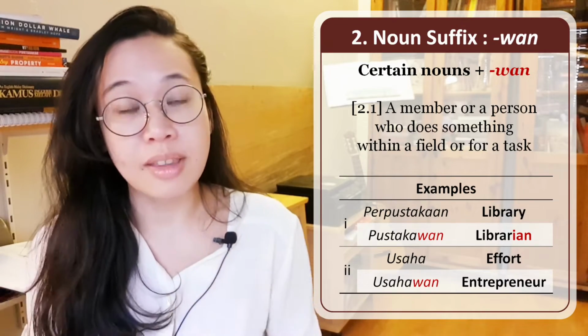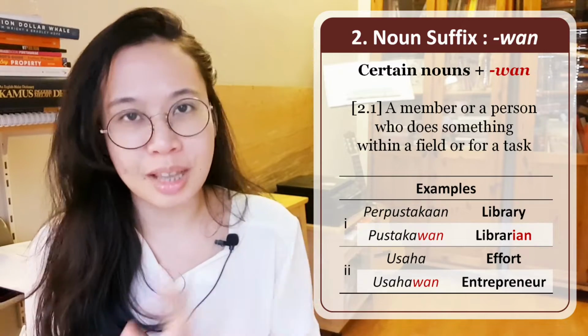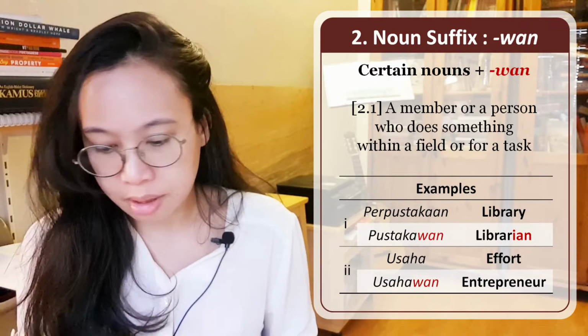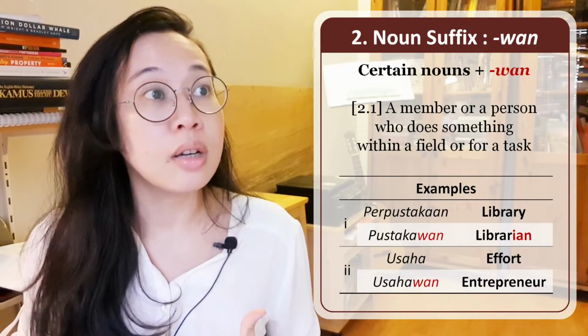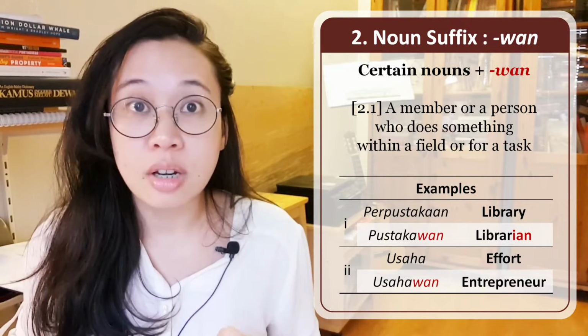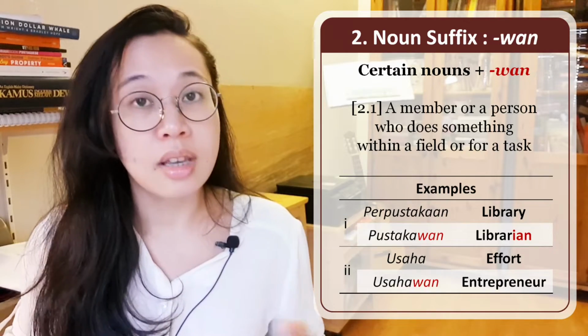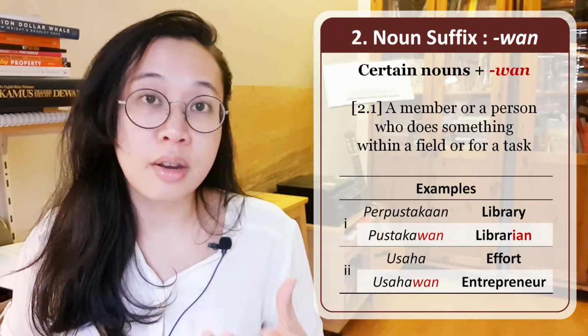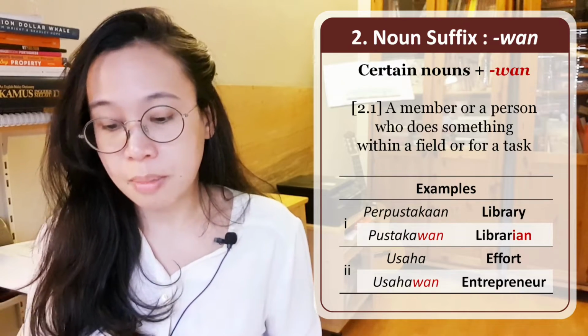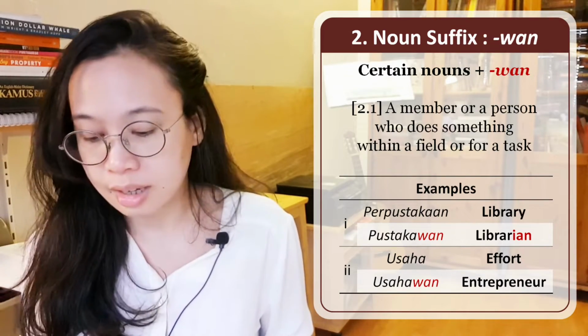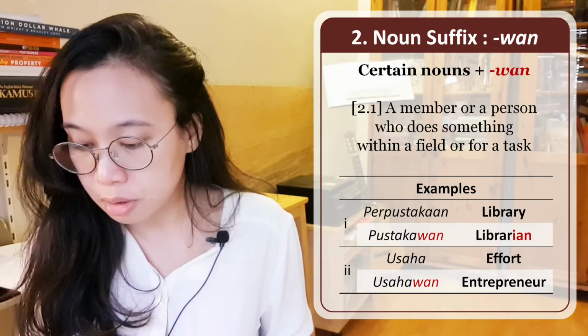Okay, you just put the wan there, not perpustakawan but pustakawan. Another example is usahawan. So usaha is effort. Usahawan is a person who puts effort, and we use this word usahawan for entrepreneurs. Okay, so a member or a doer in a field or a task, like librarian and entrepreneur.